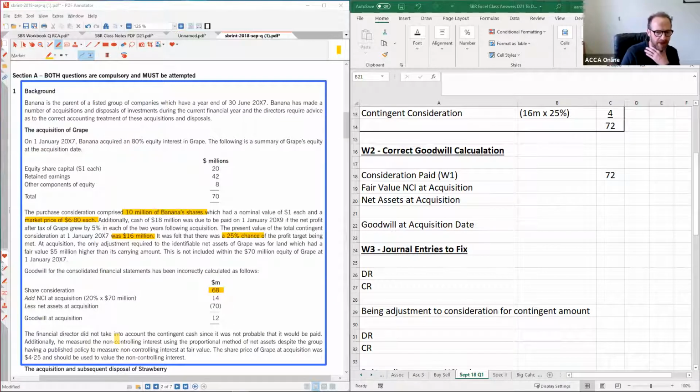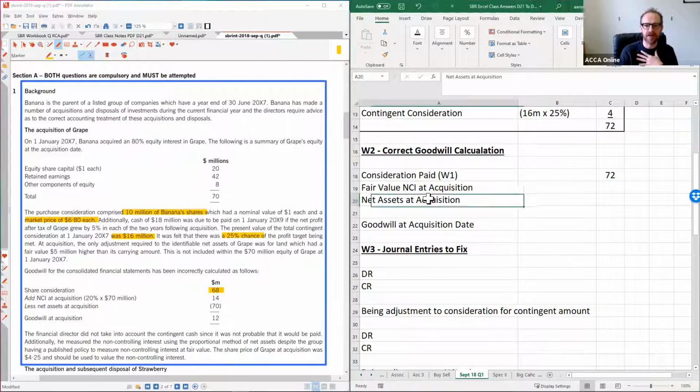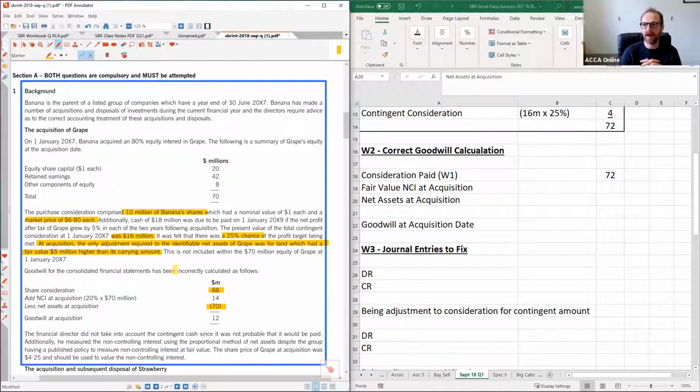So let's take, no, actually we can't because it's proportional, right? Okay, so let's start with the net assets at acquisition. So that line in theirs, they have 70, but they tell us here that the only adjustment required is for this fair value of land, which is 5 million higher.